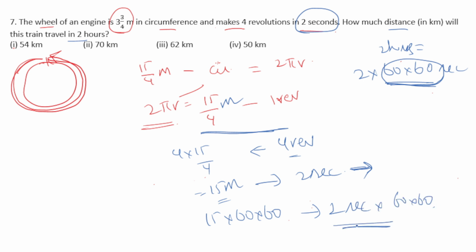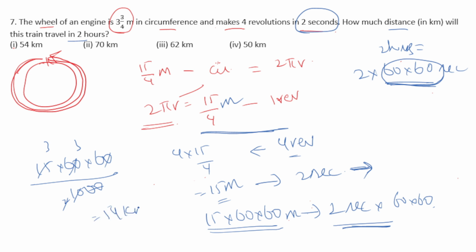So this is 2 hours. In 2 hours, this much distance it can travel. This is in meters. And we have to convert this in kilometers. It will be 15 into 60 divided by 1000. Okay. We will cancel the zeros. And 5 into 3, 5 into 2. 2 into 3 again. 9 into 6 is 54 kilometers. Okay. It is first option.